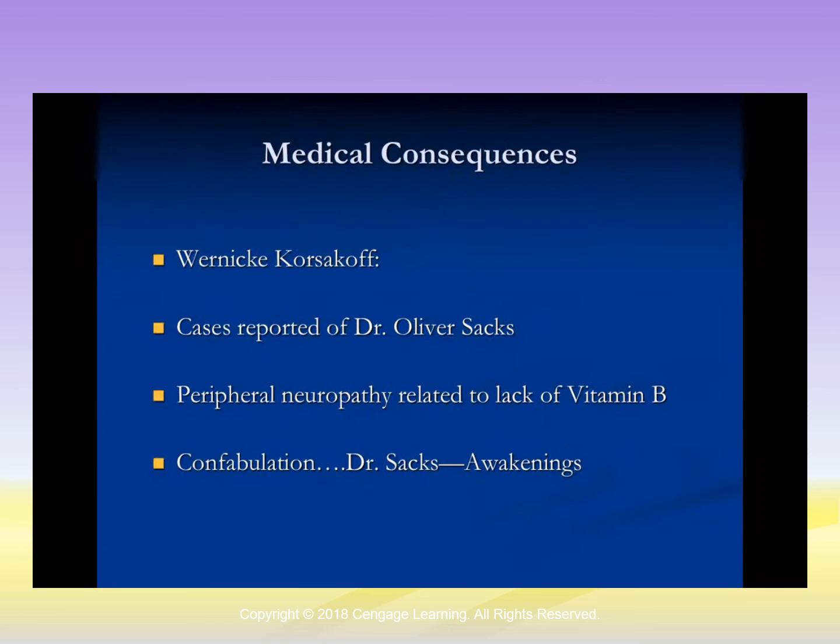Korsakoff psychosis relates from damage to areas of the brain important to memory function. Wernicke syndrome is often associated with peripheral neuropathy or damage to the peripheral nerves. And Korsakoff psychosis is sometimes called the Wernicke-Korsakoff syndrome. And you might have heard this called wet brain. It's a long-term result of brain damage, and people with this disease experience much confusion and severe short-term memory deficits. They might not be able to retain information.